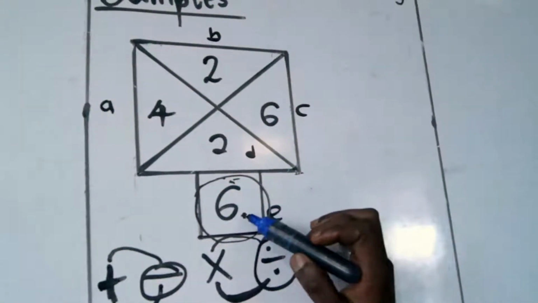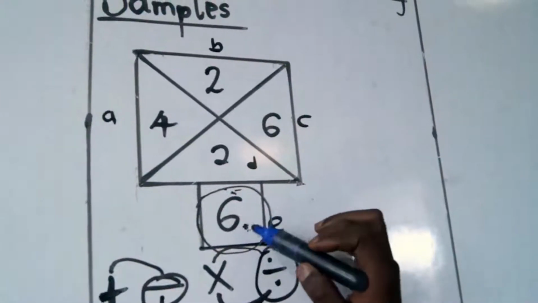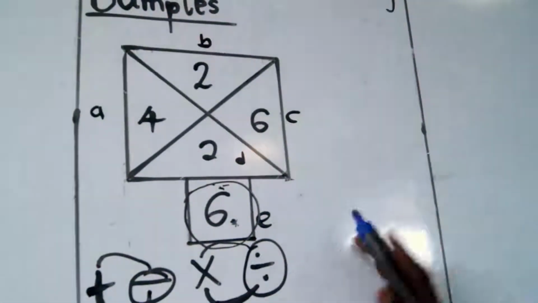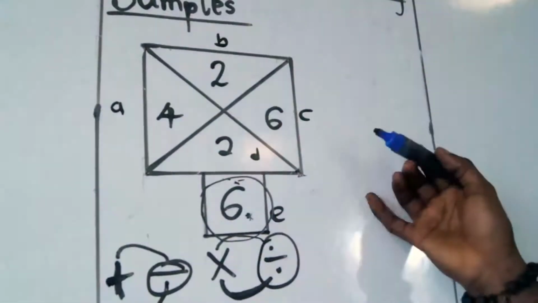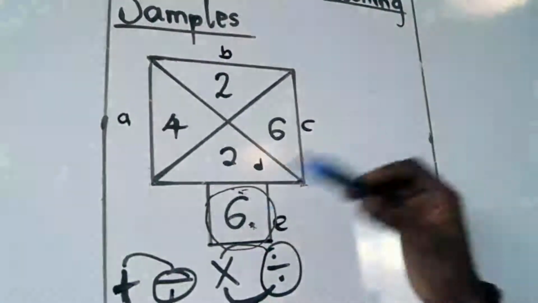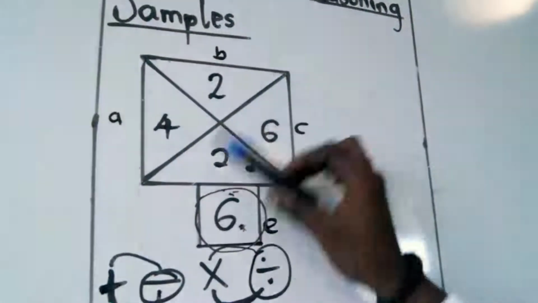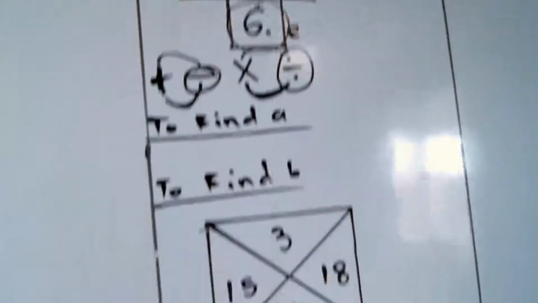Find out how they were able to get this 6. What kind of operation was done in order for you to get the 6? Once you get the biggest number, you can go on to begin to apply other operations. Are they merging two numbers together? Are they multiplying or dividing? You find out.